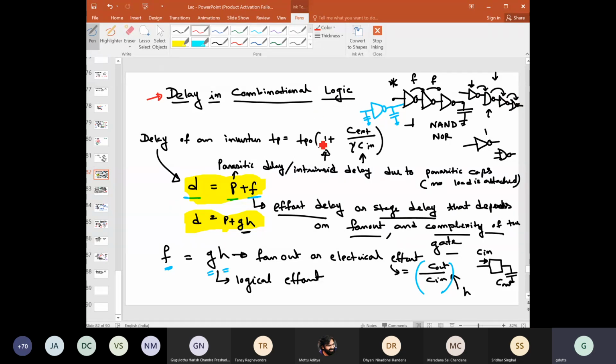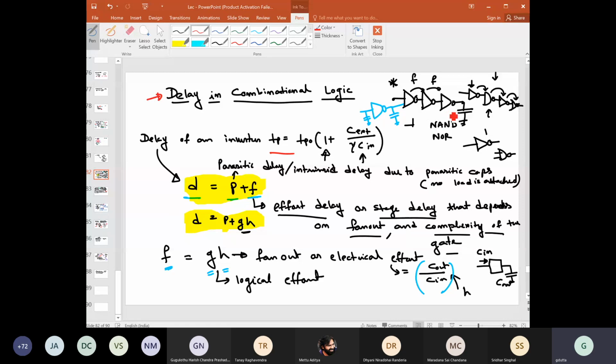Here we started with what we know about TP, and the same expression can be simplified like this. The total delay D is equal to P plus F. P is the parasitic or intrinsic delay due to the parasitic caps, and F is the effort delay or stage delay that depends on the fan out as well as the complexity of the gate.